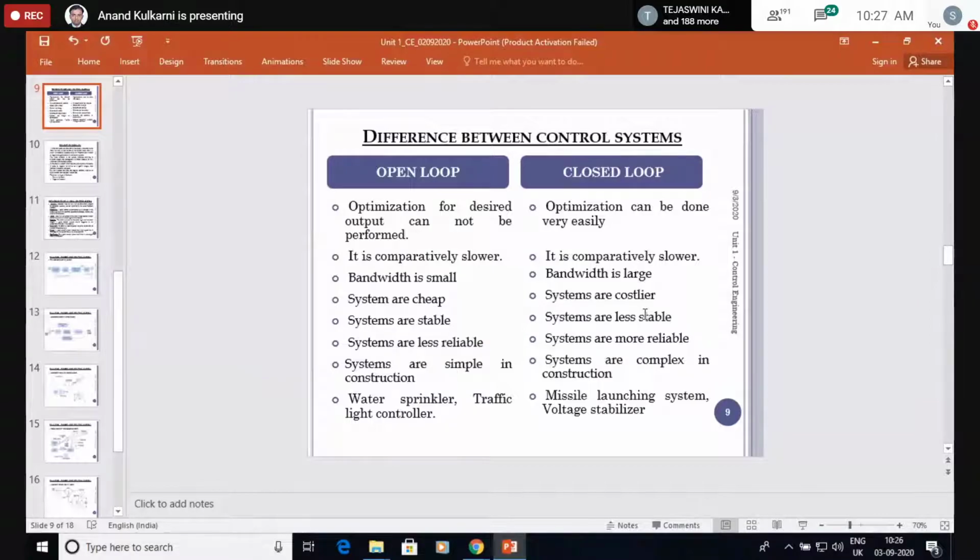Methyl alcohol is poisonous, ethyl alcohol is edible. Generally the liquor which people drink is ethyl alcohol, but it always contains some small percentage of methyl alcohol also. That's why people get a hangover. That is because of the small percentage of methyl alcohol present from the refining process, so you cannot totally eliminate it.